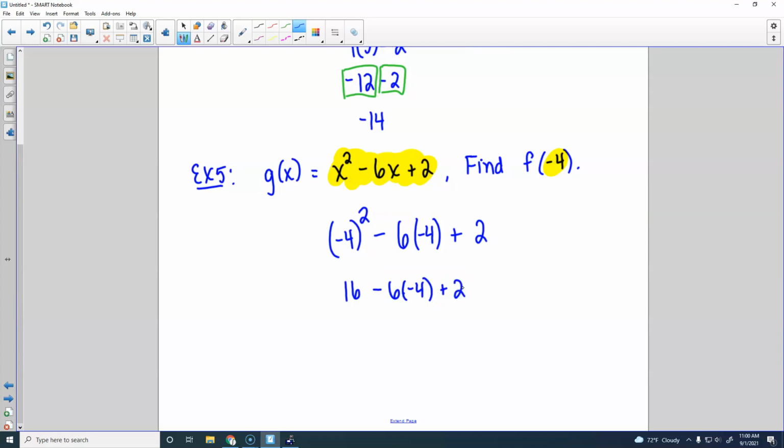minus 6 times negative 4 plus 2. What would I do next, Ayla? Very good. What's that going to give me? Good. And since negative times negative is positive, I'm going to have a plus 24 there. And what comes after that, Ayla?